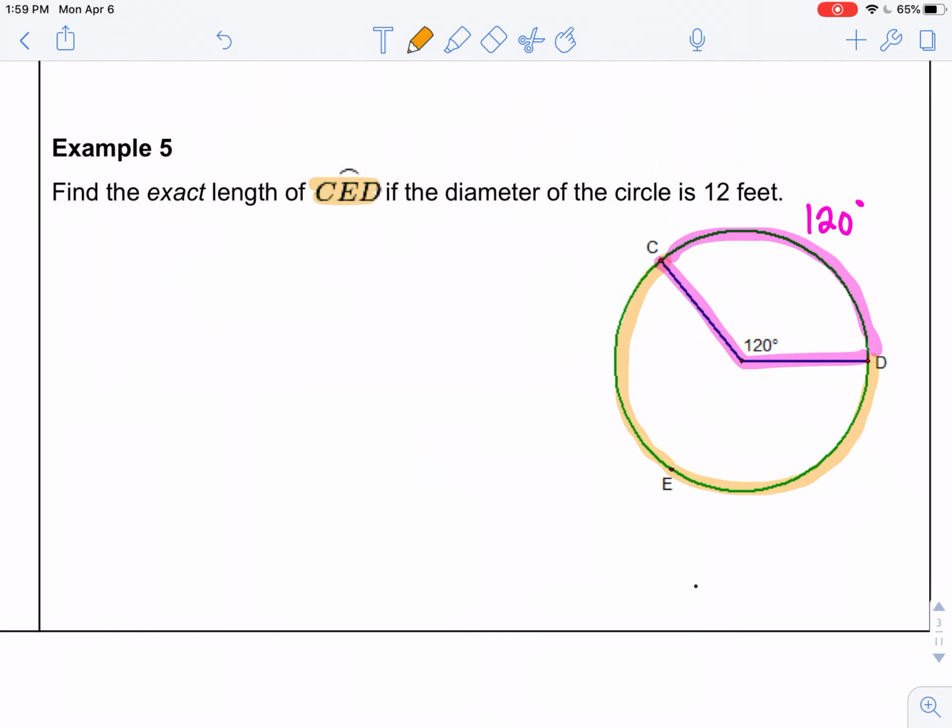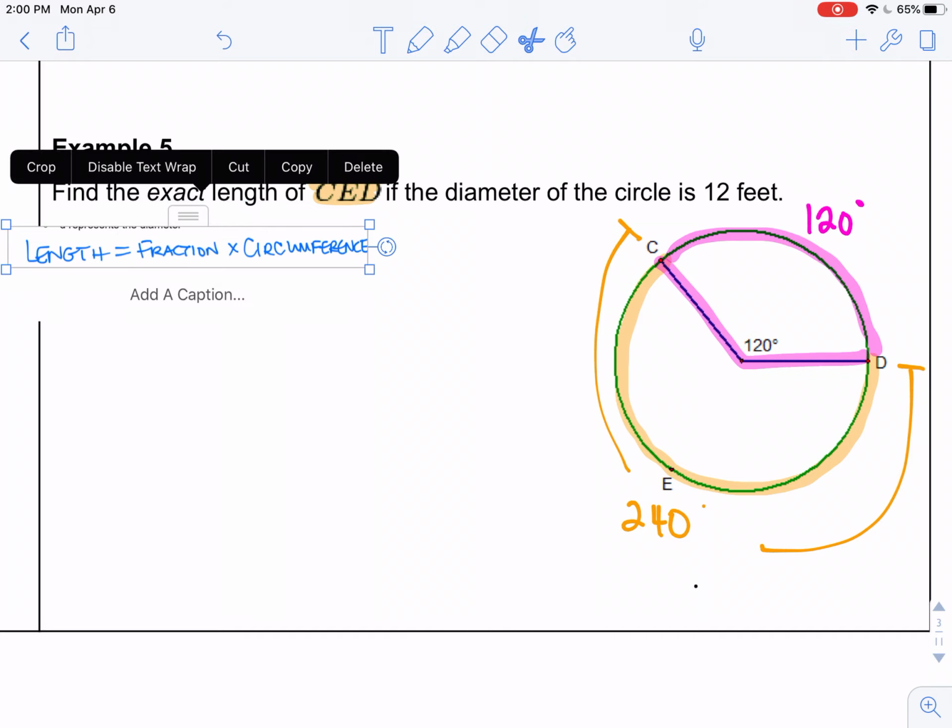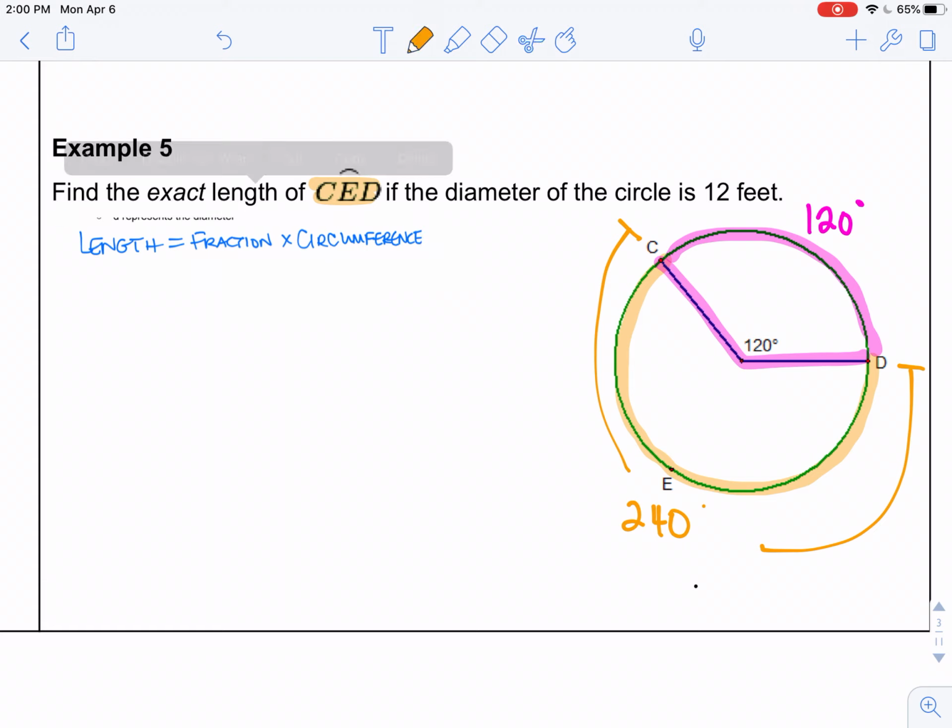So the stuff that's left over, 360 minus 120, I have 240 degrees. If I'm dealing with length equals fraction times circumference, I know that I have 240 degrees out of 360.